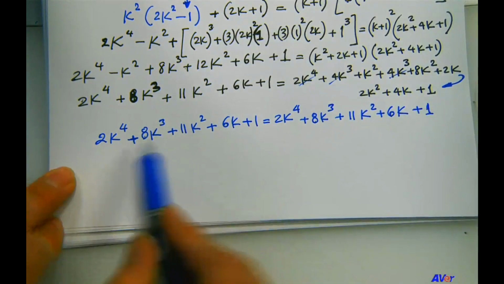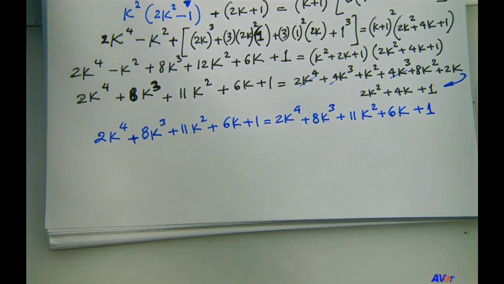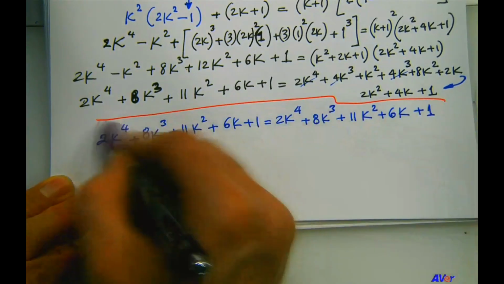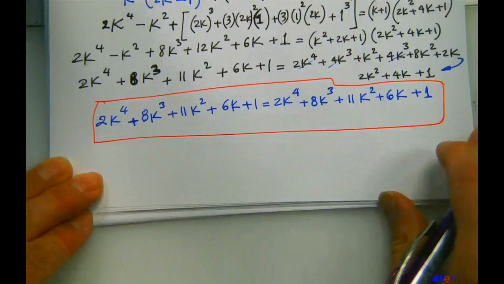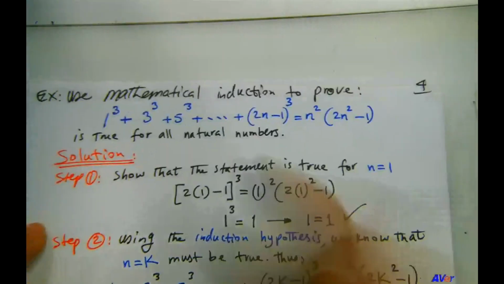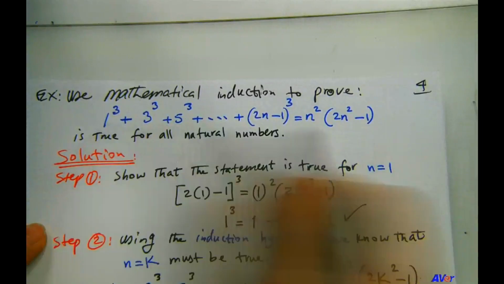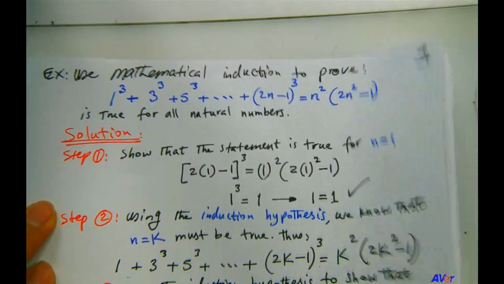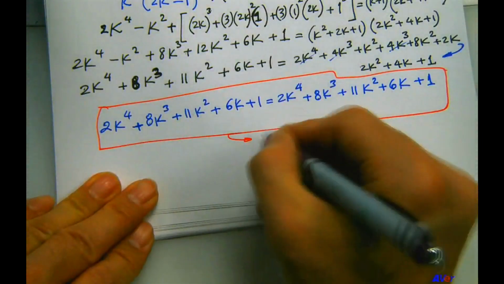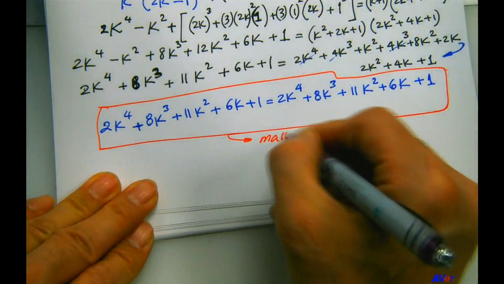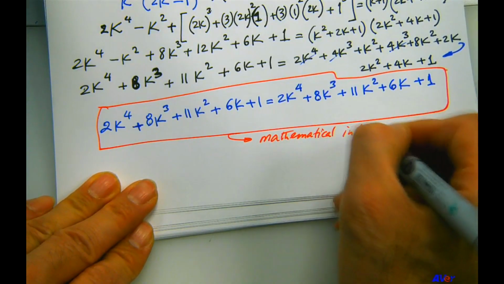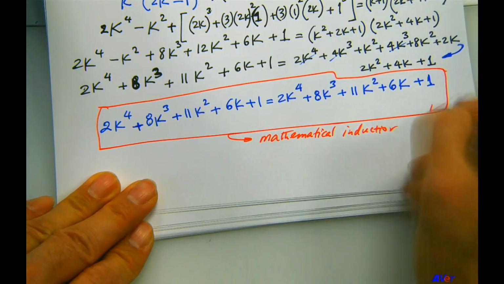Okay, so if you compare the left and the right, you see that the two sides are equal. So we've been able to prove this statement. So here, mathematical induction is complete.